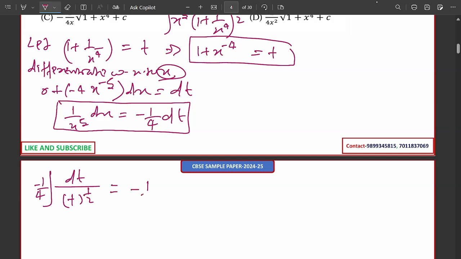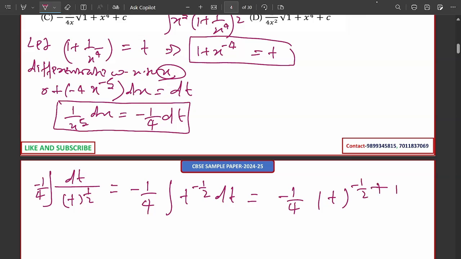Now integrate this one. So this is minus 1 by 4 and t power minus 1 by 2 plus 1 over minus 1 by 2 plus 1, plus c.